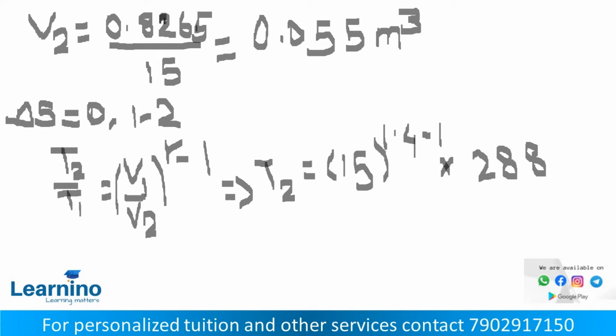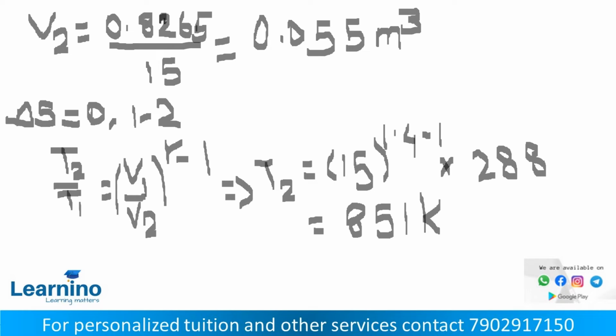This is 850.8, that is 851 Kelvin. T2 value is equal to 851 Kelvin. Now what do we have to find next? T3 and V3 values are what we have to find.